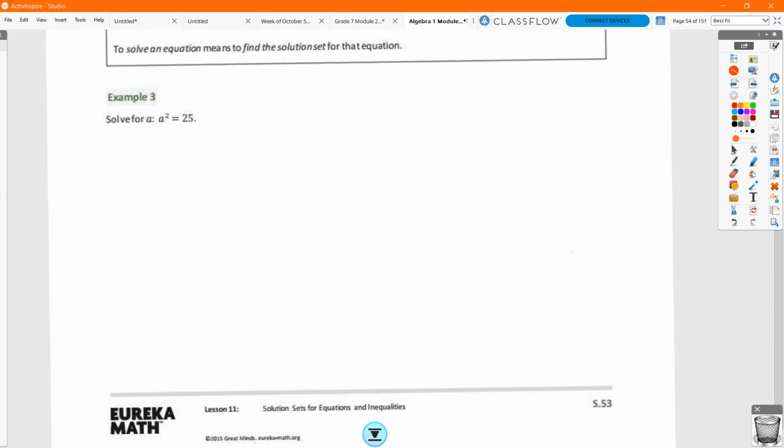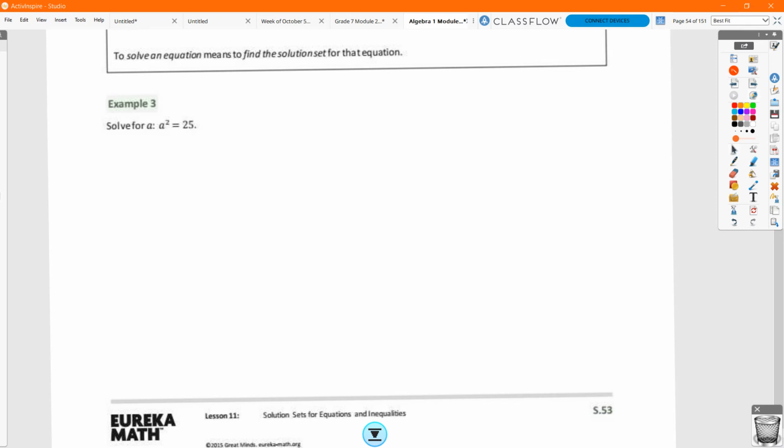So let's solve a squared equals 25. You've worked with solving equations before. So we are trying to solve for a. What value of a can equal 25? Now, this is a very interesting solution, because we have a squared equals 25.